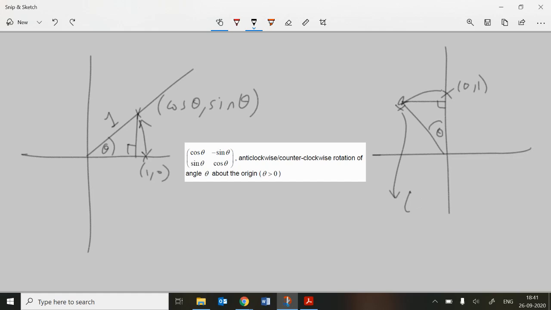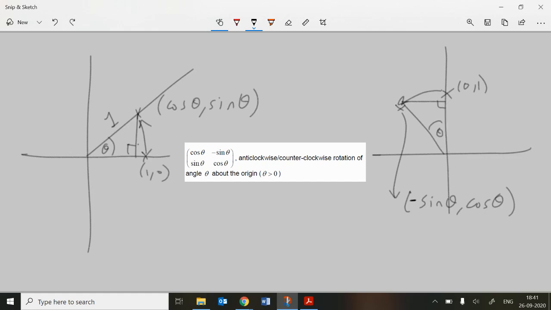This distance across is the same as this height that we had here. That's just using sine, we want the opposite length in this right angle triangle. So that's sine of theta, but obviously that needs to be negative now because we're on the other side of the axis. And we want cos of theta as our height, and that's still positive.